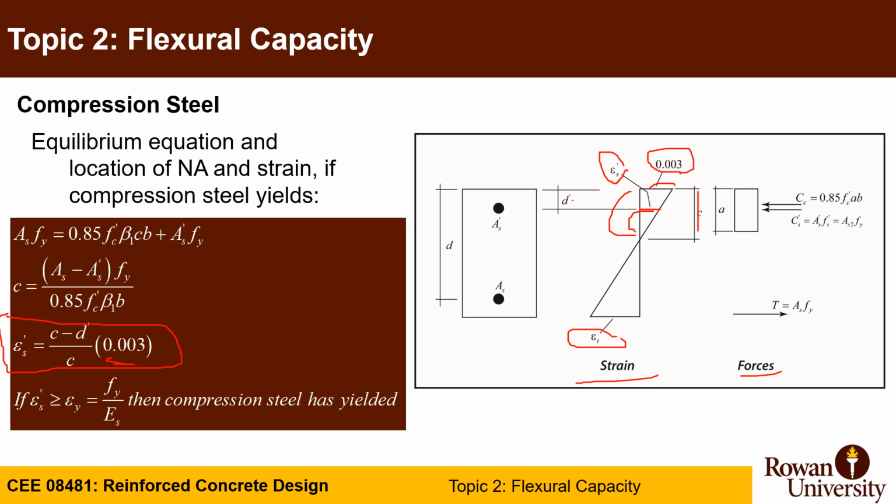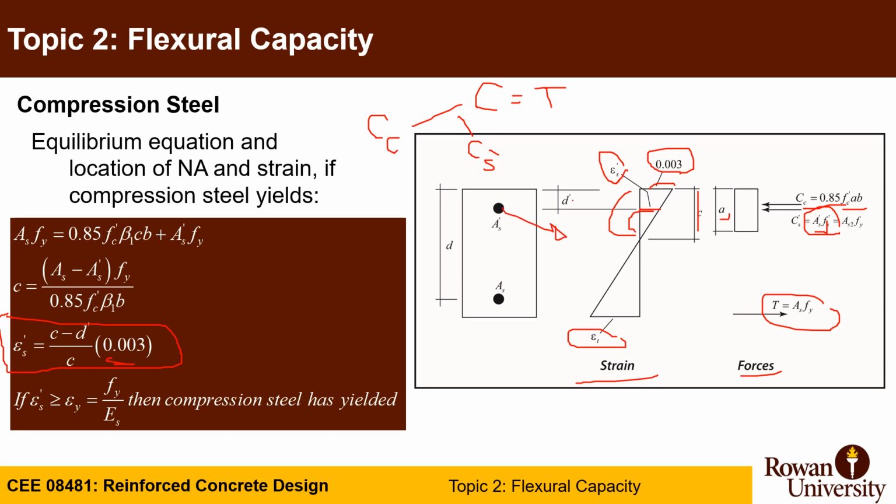In order to get the a value, you have to use the first equation, C equals T. In this case, you will have two C's: Cc, which is the C of concrete, and another one, Cs'. Cc is regular, as we know before, 0.85 f'c a b. Cs' is going to be As' fs'. We don't know if it's yielded or not, and the tension is always As fy. So for the first equation, we're going to assume the compression steel As' is yielded.